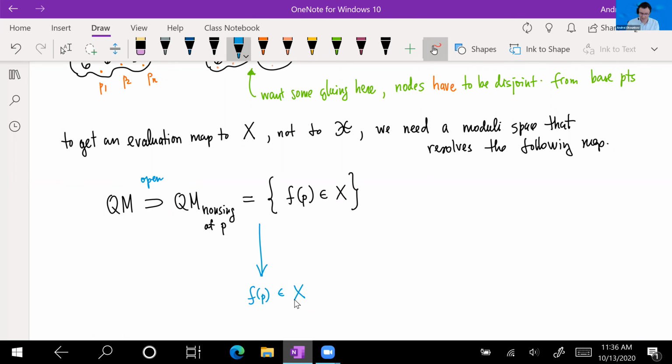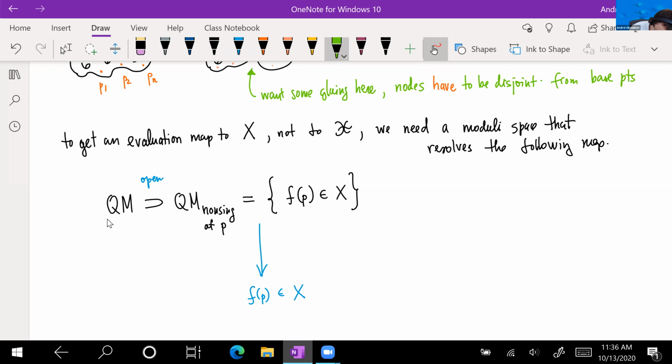And so this I need like a rational map. So it means I have a map that defines an open set. What do I need to do?